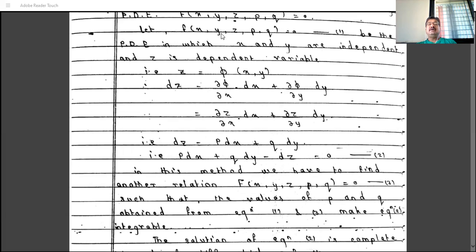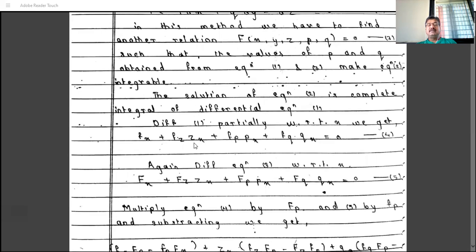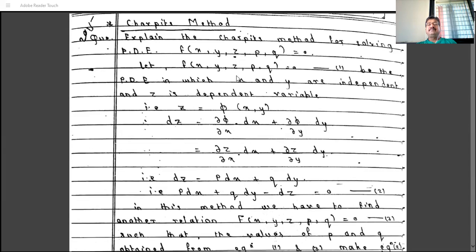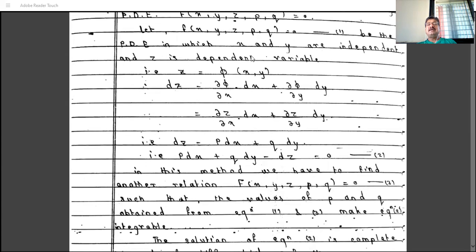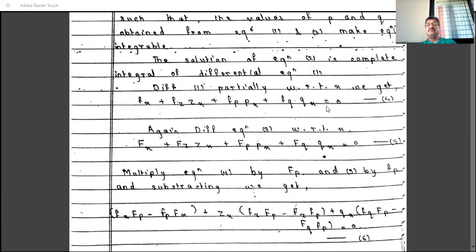And so the second term is what? f_y ∂y/∂x is 0. ∂y/∂x is a zero quantity. The next, f_z ∂z/∂x, that is z_x, ∂z/∂x is z_x, plus f_p ∂p/∂x is p_x, plus f_q, that is ∂f/∂q, ∂q/∂x, which is q_x.